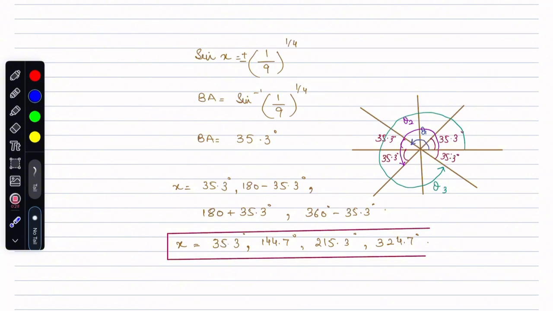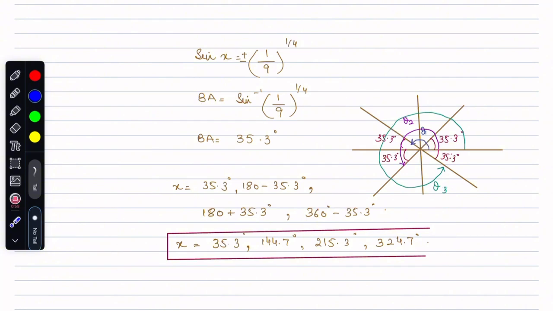So this means that if my sin x is positive, then it should be present in the first quadrant and in the second quadrant. And then if it's negative, then it should be present in the third quadrant and in the fourth quadrant. So we shall be locating all the four angles, rotations in the first quadrant, second quadrant, third quadrant, and then the fourth quadrant.